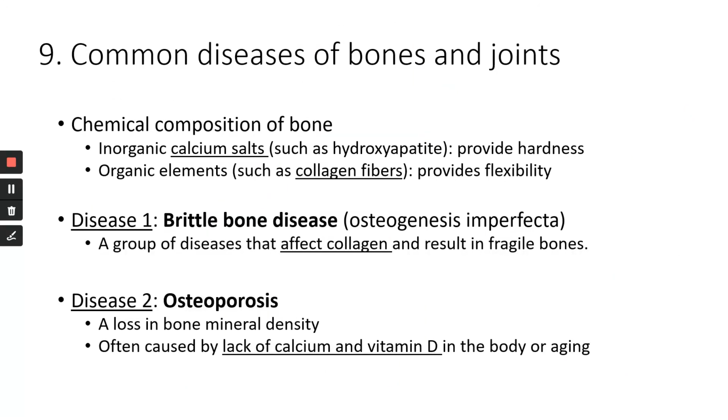All right, the last part is about common diseases of bones and joints. A lot of times these diseases are related to the chemical composition of bone. I have the information here just as a reminder. The first disease is brittle bone disease. Brittle means the bone is hard, but a little too crispy.